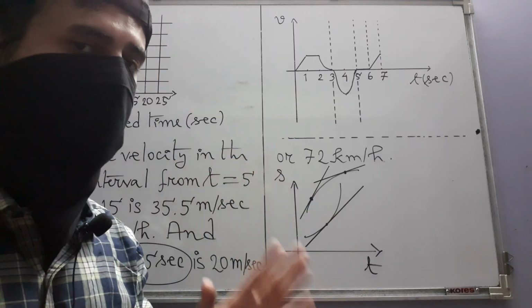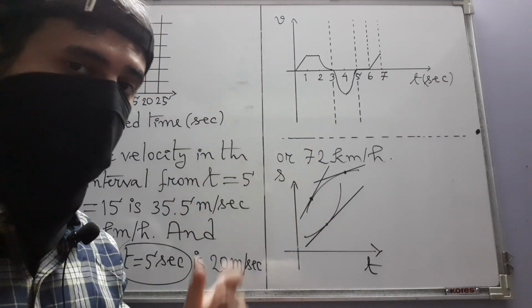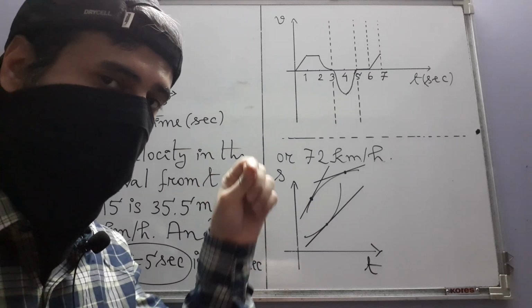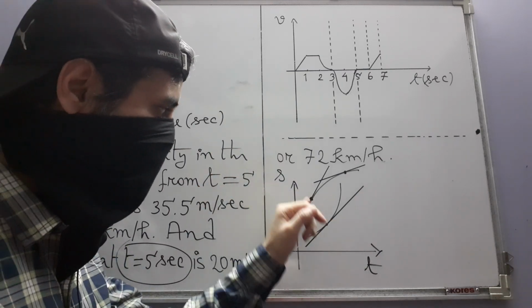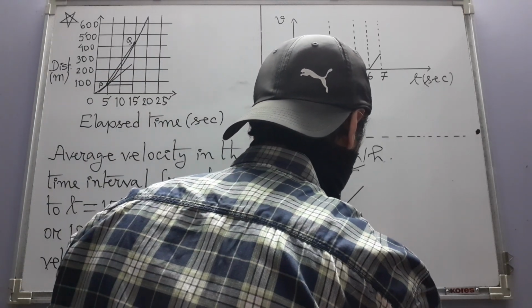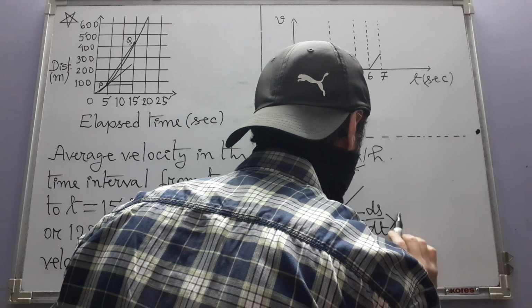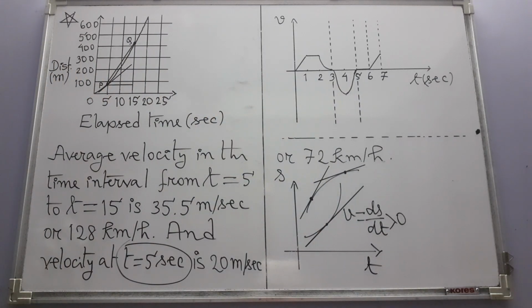It is increasing, that's what matters. And these slopes are all positive, but these slopes are the instantaneous velocities of these motions at those instants of time. So here v, or your ds/dt, is positive.